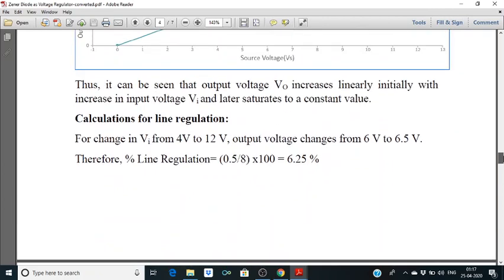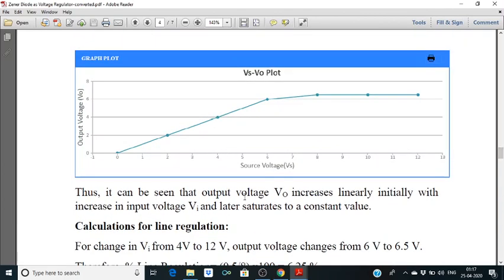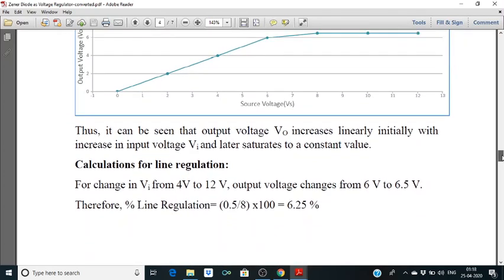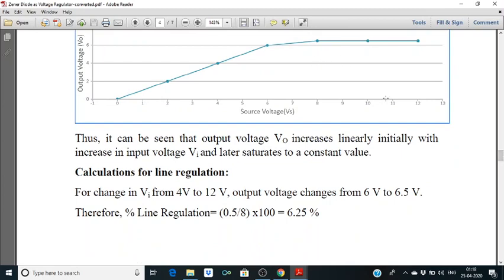So we can see that the output voltage V0 increases linearly initially with the increase in input voltage, but later it saturates to a constant value. Now we can calculate line regulation through this graph.